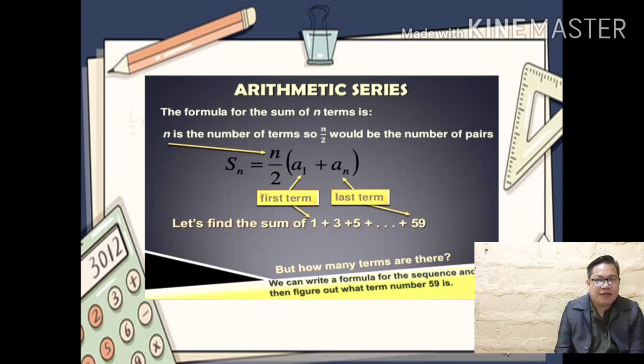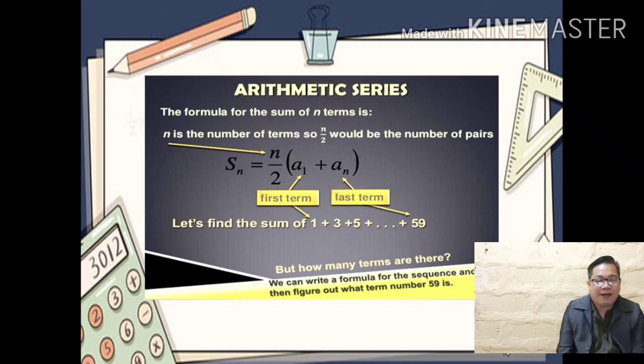Number of terms ang hinahanap natin. So, hindi pa natin makita yan mano-mano. Halimbawa, 1, 3, 5, 7, 9, 11, 13, 15. Ang daming oras na magugugol natin para makuha natin yung number of terms.